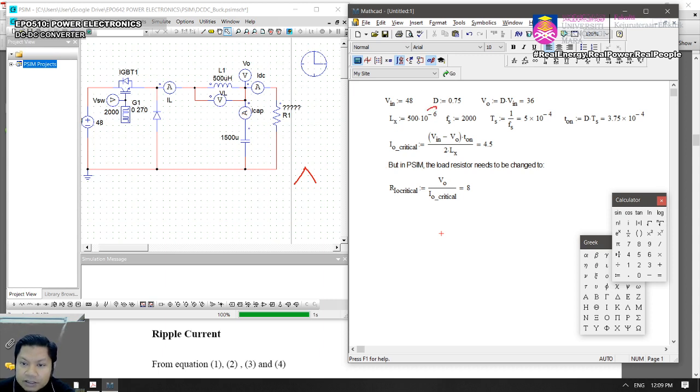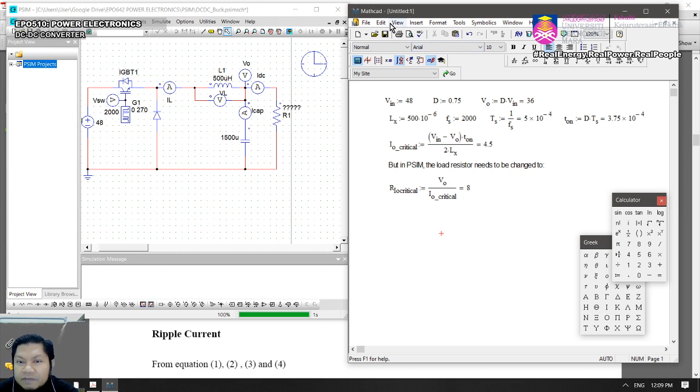If you want to get this superscript, you must hit this hat button, so it becomes a superscript, and then you put in -6 to get 10 to the power of -6. Then you define the frequency as 2000 hertz.